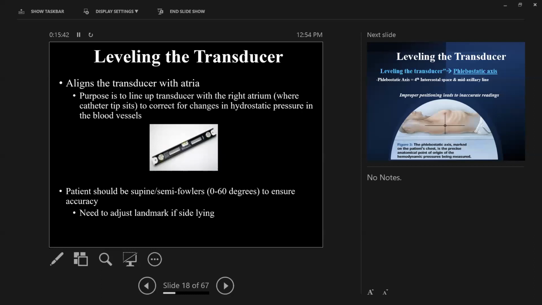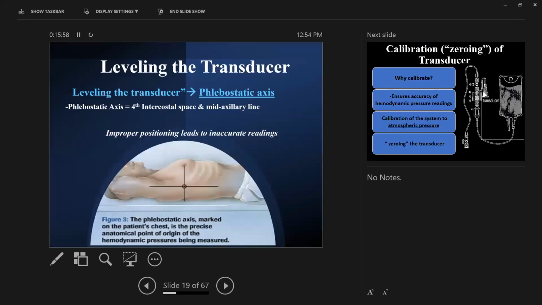So the way that we do that is we find our sternal notch, go down to the second intercostal, third intercostal, fourth intercostal, mid-axillary line. So that's the phlebostatic access. Let me show you the next slide. There it is. So come over, mid-axillary, split the axilla in half, and we put that leveler right at that bullseye.